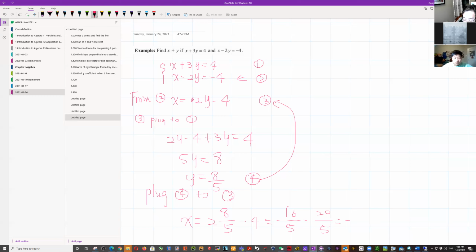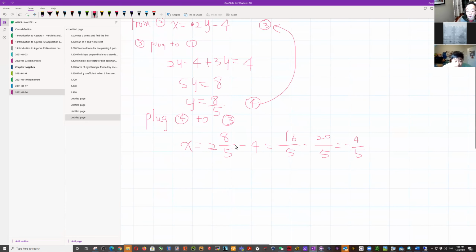So it's going to equal negative 4/5. So x equals negative 4/5 and y equals 8/5. Adding them together, x plus y equals negative 4/5 plus 8/5, which is 4/5. So that's the final answer.